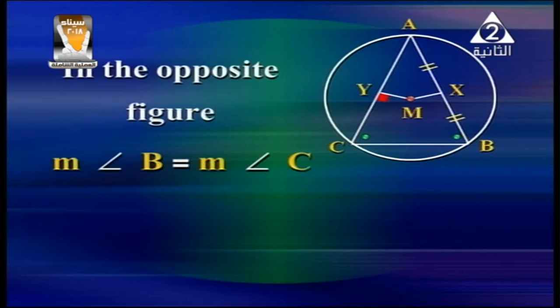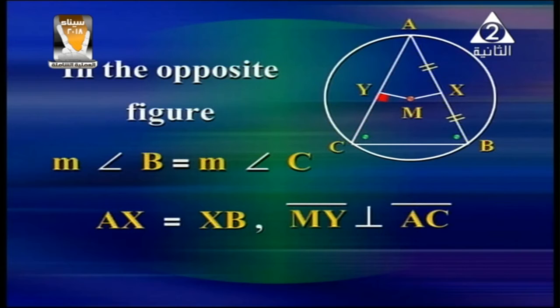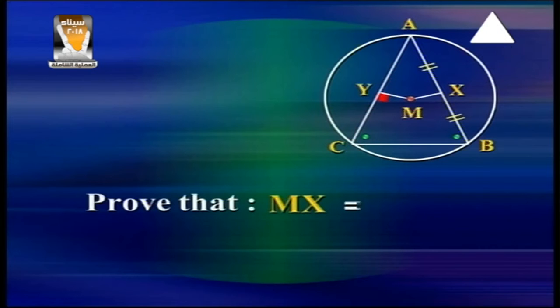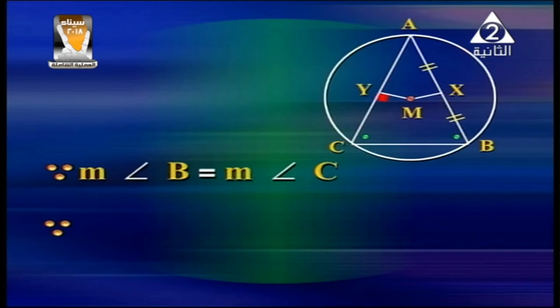Another example. In the opposite figure, you have measure angle B equals measure angle C, AX equals XB, and MY perpendicular on AC. Prove that MX equals MY. First of all, since measure angle B equals measure angle C, therefore, yes, it is an isosceles triangle.